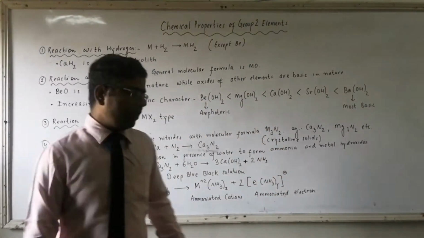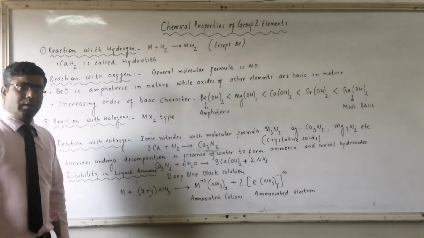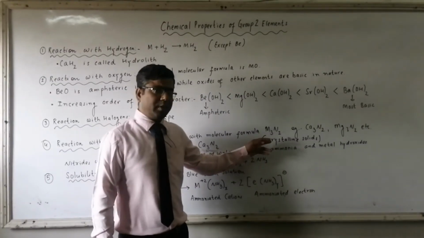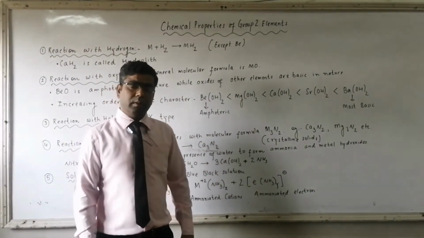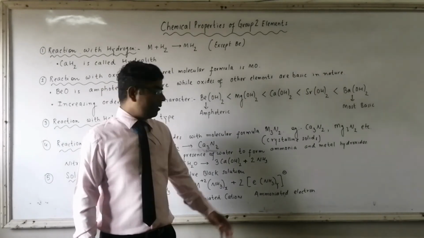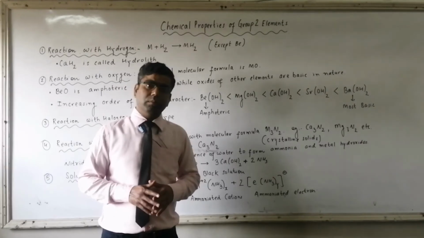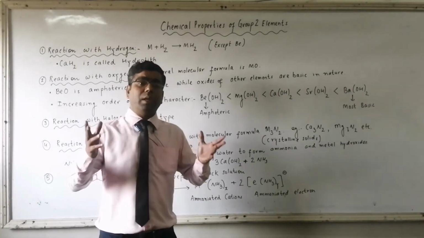So when these alkaline earth metals are made to react with nitrogen, they form nitrides with molecular formula M3N2. And these nitrides are solids, better to call them crystalline solids.